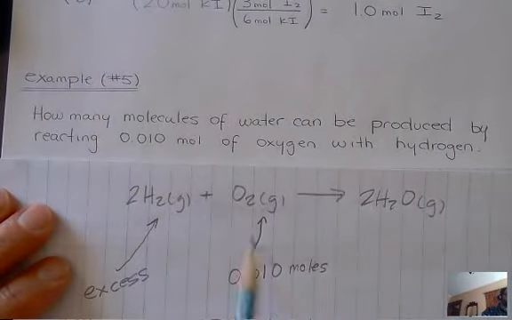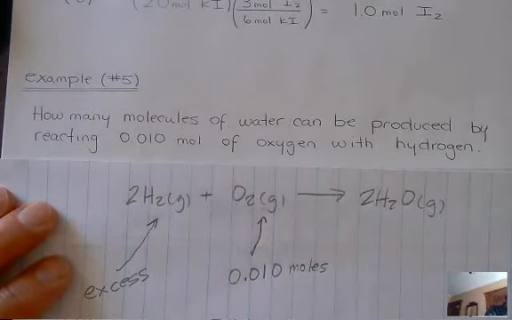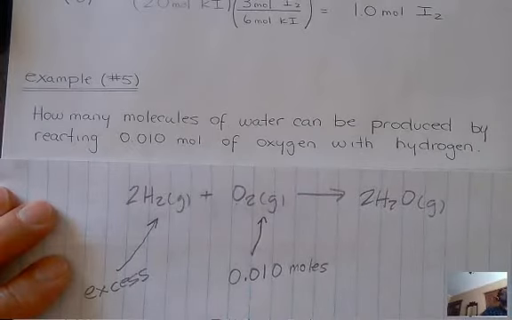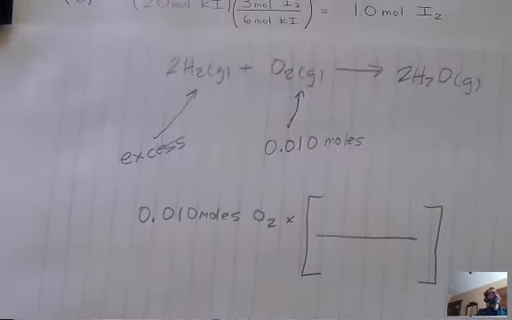All right, so let's do it in two steps. Since we have moles, we can do the moles to moles calculation. I have 0.01 moles of oxygen. How do I relate moles of one thing to moles of the other? From the balanced chemical equation.